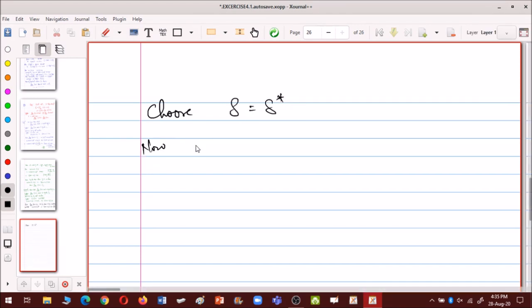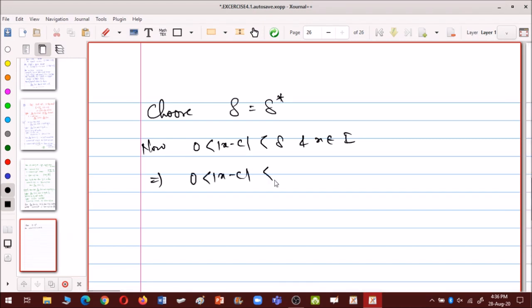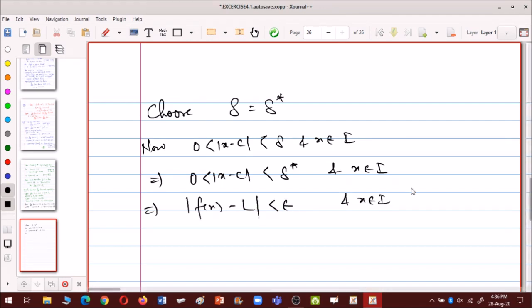Now 0 < |x minus c| < delta and x belonging to I implies 0 < |x minus c| < delta star and x belongs to I, and from this we have |f(x) minus L| < epsilon using star.